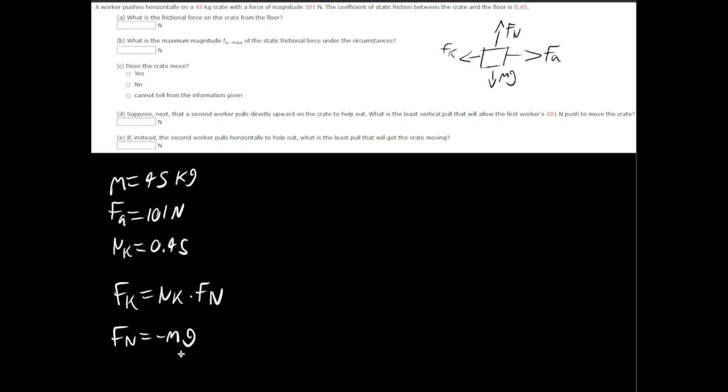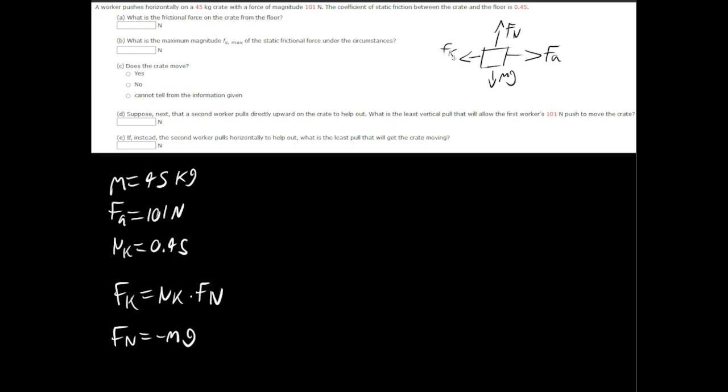So with this, it asks what is the frictional force on the crate from the floor. And all this would be is this is the frictional force here, right? I guess this would be the wrong thing.